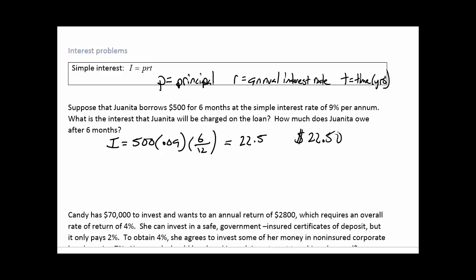Okay, the second question is how much does she actually owe at the end of the 6 months? Well, the actual amount is the 22.50 plus the 500, the original amount that she borrowed. And so that's 522.50. It's physically how much she's going to have to give back.